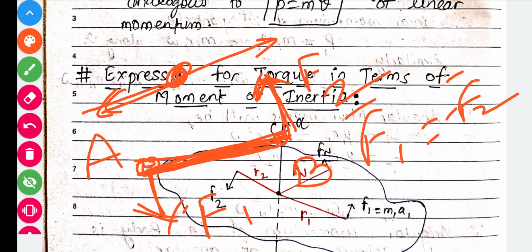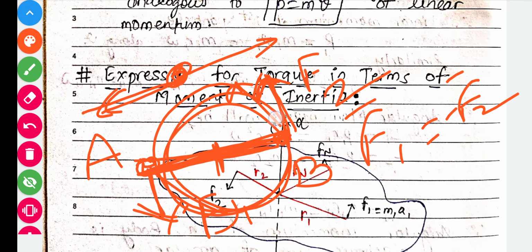Due to this, suppose this is the center. This part of the body will go like this, and this part of the body will go like this. So they are displaced in a circle, and this body starts rotating due to these two forces, one force here, one force here.